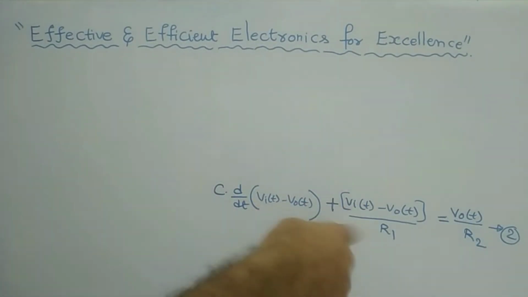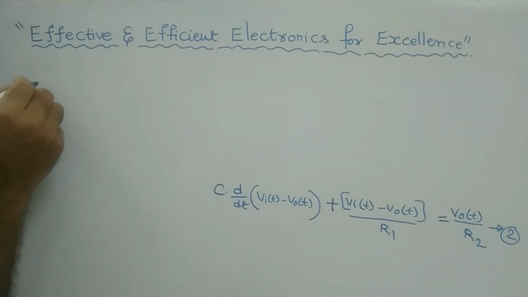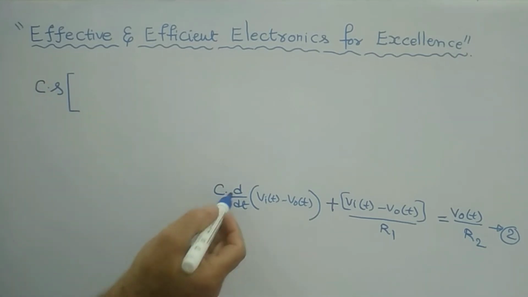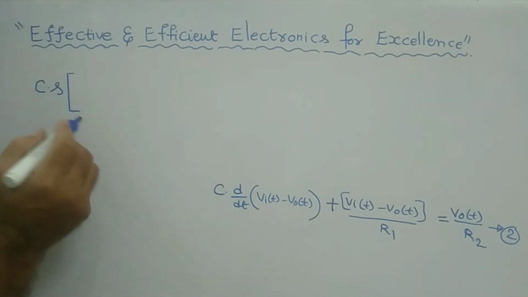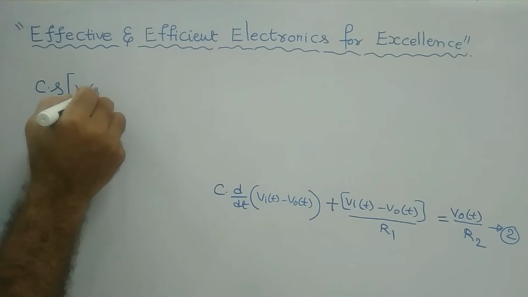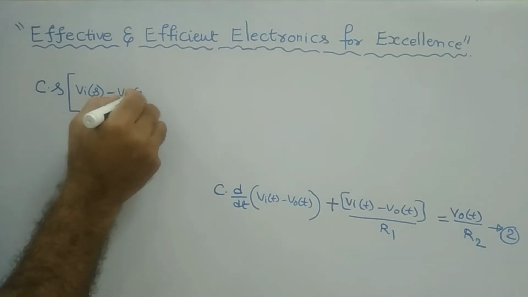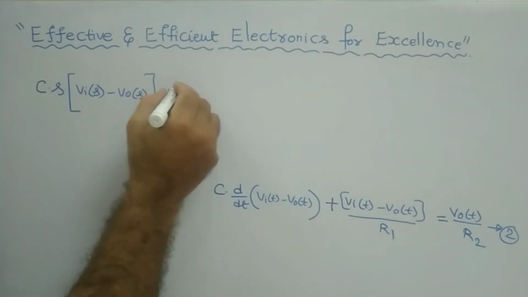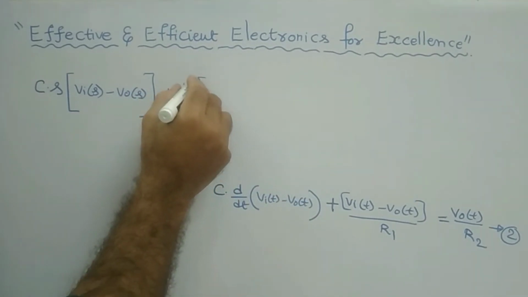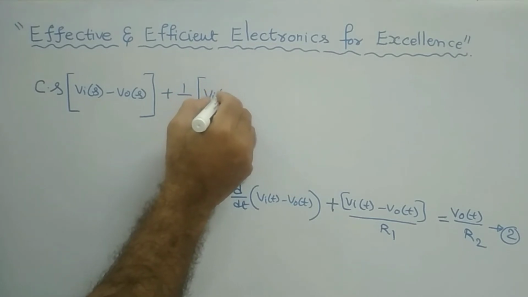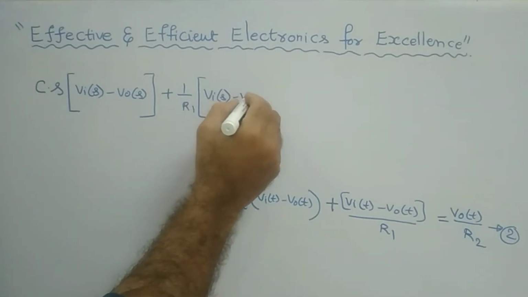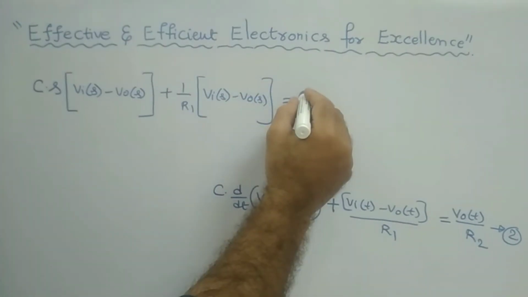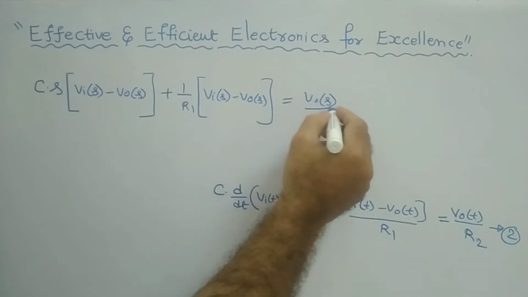If you apply the Laplace transformation to this expression, it becomes C into S, since one differentiation becomes S, times Vi of S minus V naught of S. This is already well known. Plus 1 by R1 as a constant, into the same Vi of S minus V naught of S, is equal to V naught of S by R2.